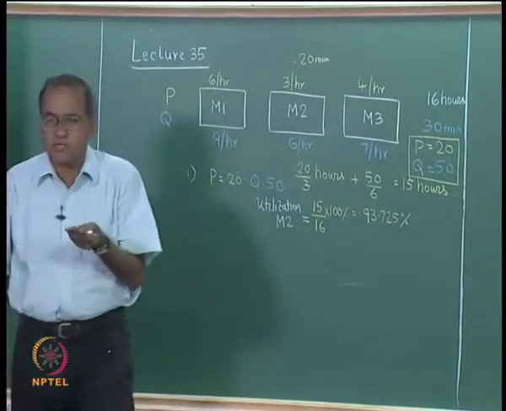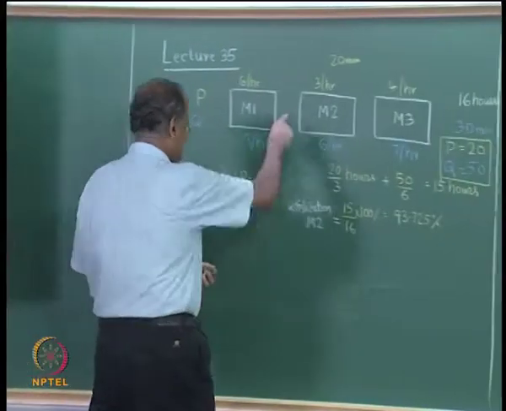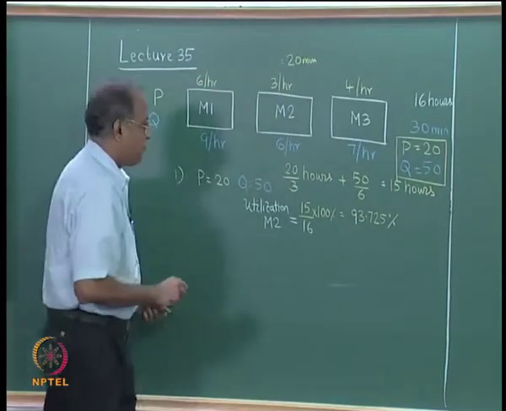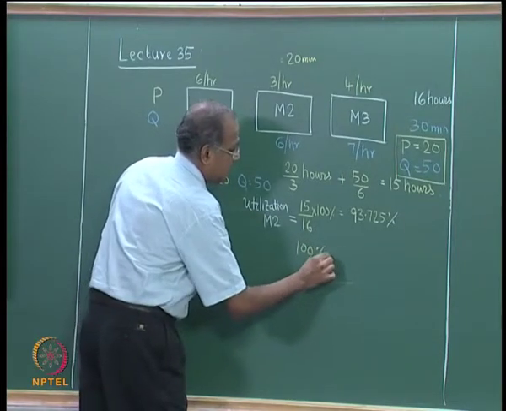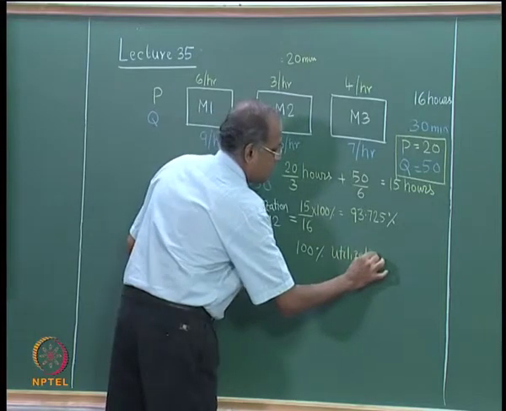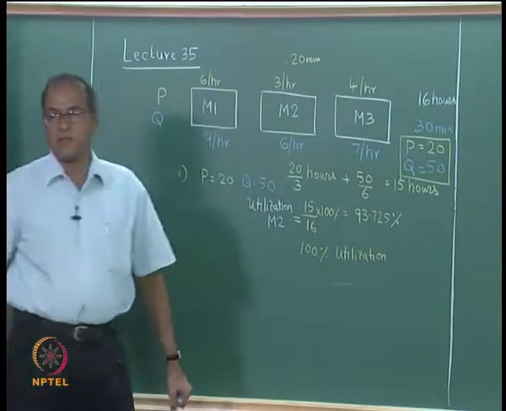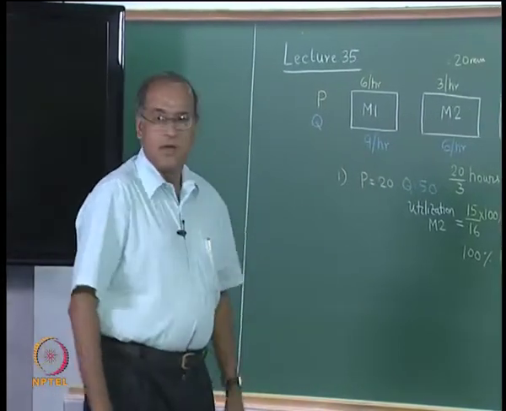So, if we have to change over to P and then change over to Q, then this machine will be utilized for all 16 hours and will have 100% utilization. When we add the changeover times, the utilization will be 100%.